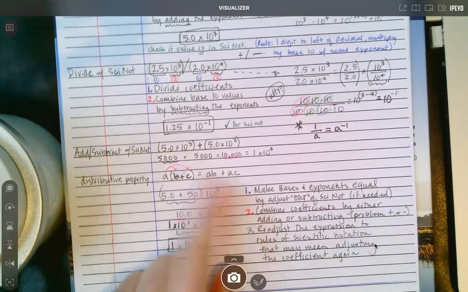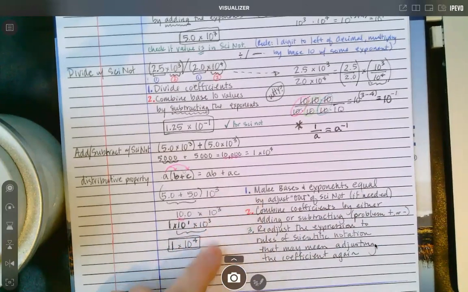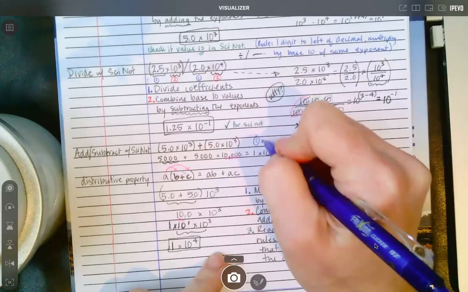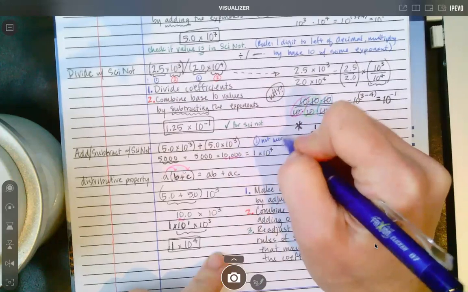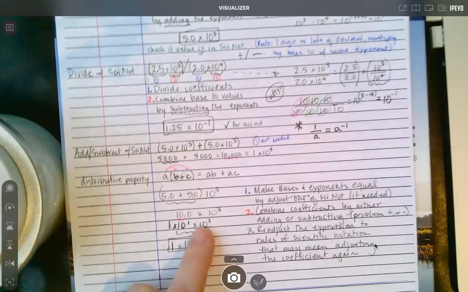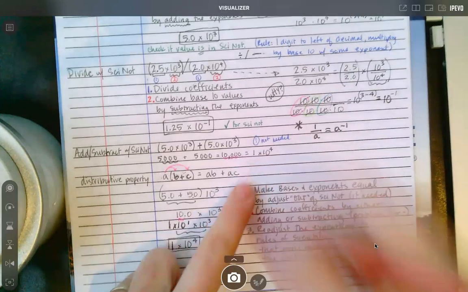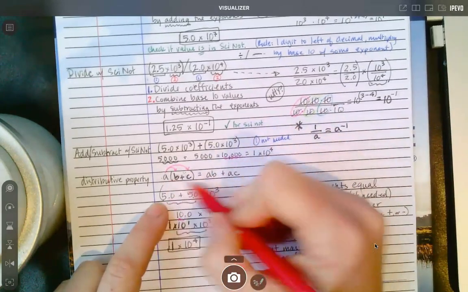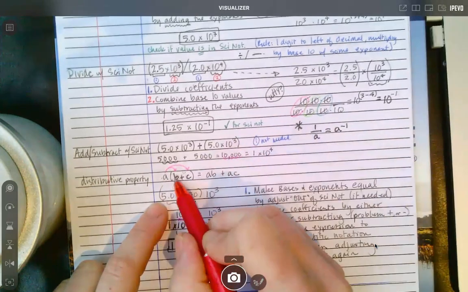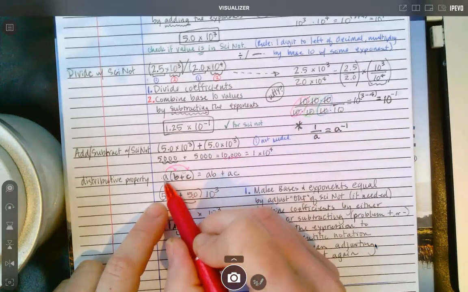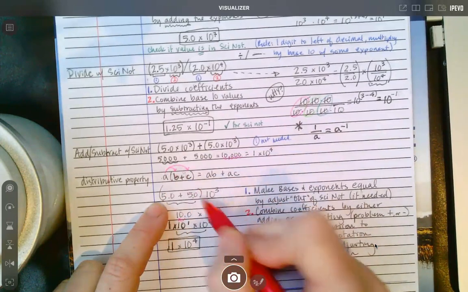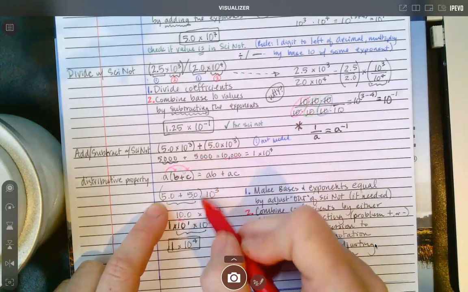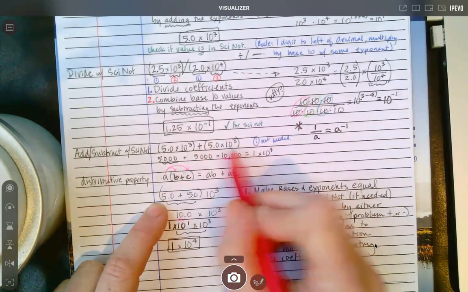We didn't have to do anything with this one. Step one was not needed. It was already established, and that was our step one up here. Then step two is where I rearranged it, and I talked about the distributive property. A can be distributed into a problem that's set up like this. So once we rearrange, we can pull out our 10 as a factor.